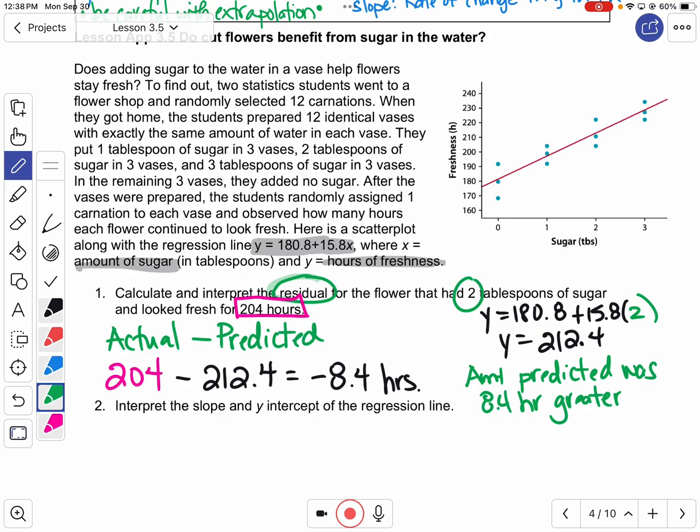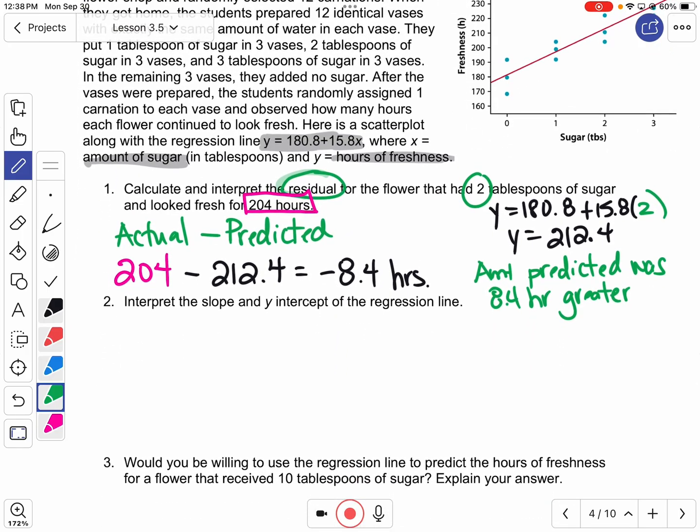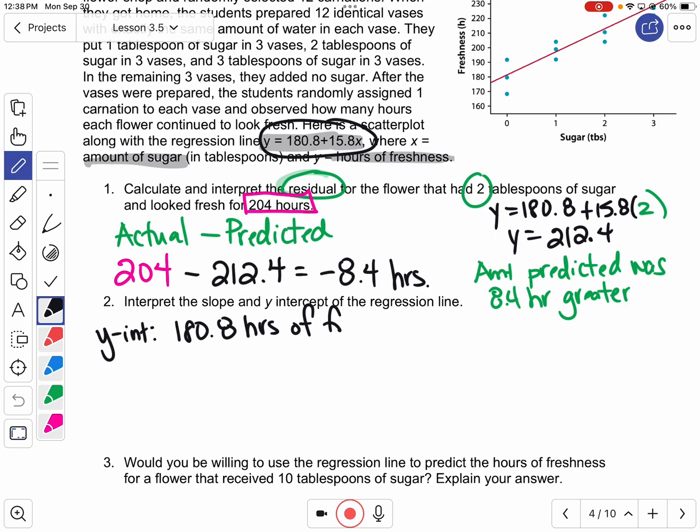The second thing it wants me to do is to interpret the slope and the y-intercept. I think the y-intercept is easier, so I like to do it first. Up here in this equation, which one of those numbers is the y-intercept? 180.8, and it's hours of freshness with 0 tablespoons of sugar.